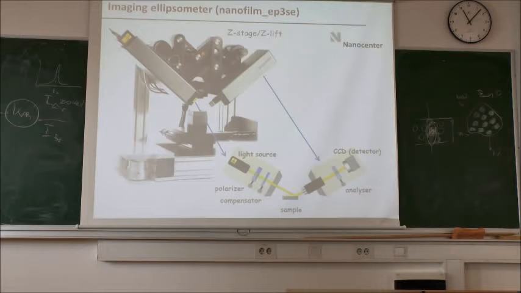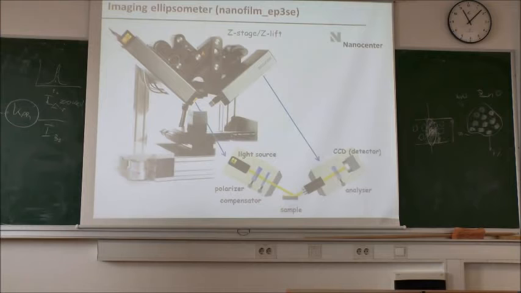Polarizer and analyzer are actually the same element. The only difference between them is that the polarizer is responsible for the polarization of the incident light prior to its reflection, while the analyzer analyzes the change in the polarization state of the reflected light.